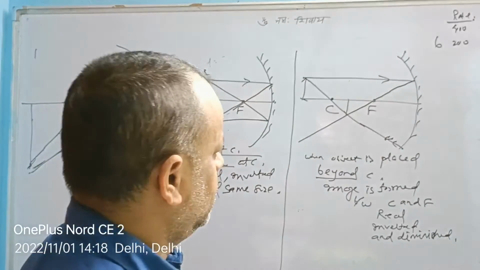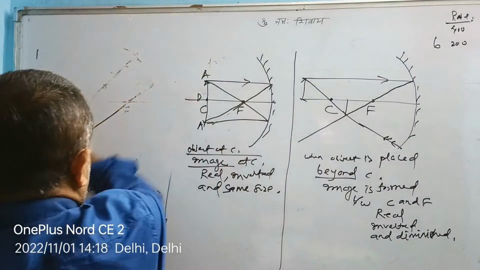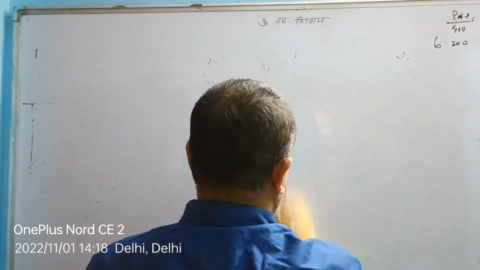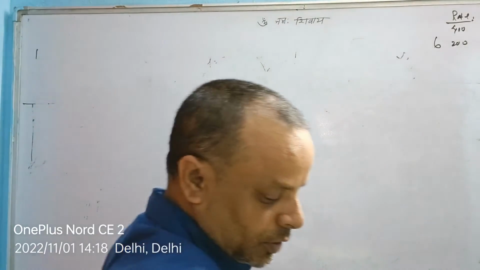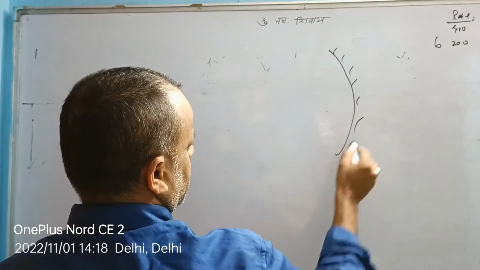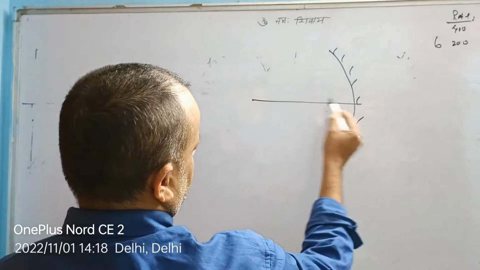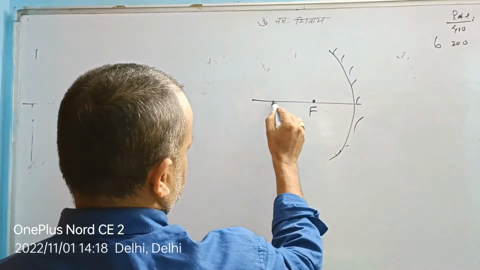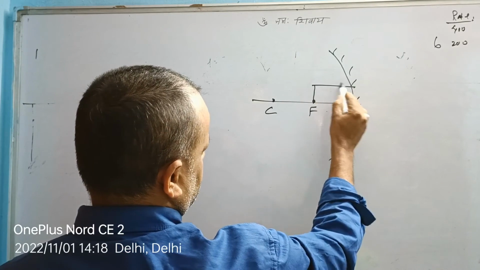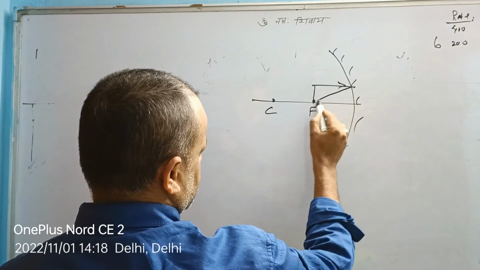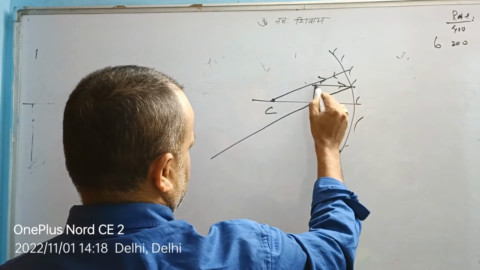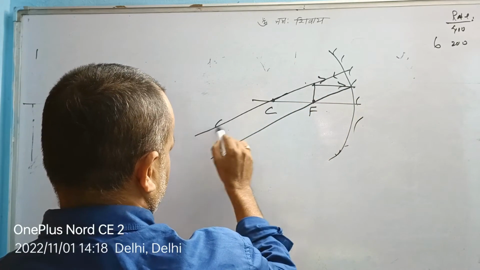Then we have the case when we place the object at the focus. This is our focus, this is our center of curvature. When we place the object at focus, what will happen? If a ray is parallel to the principal axis, it passes through the focus, and we draw the other ray like this, it is coming back along the same path.